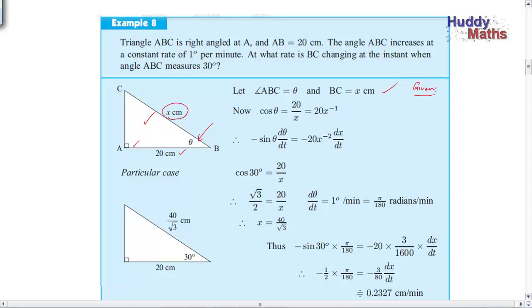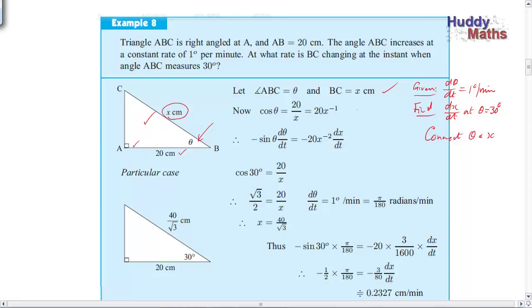Now I like people to try and set it up like this. Given the rate of change, d theta by dt is 1 degree per minute, and we want to find dx by dt at theta equals 30 degrees. What we're going to try and do is connect theta and x, the two variables of interest, and then differentiate.